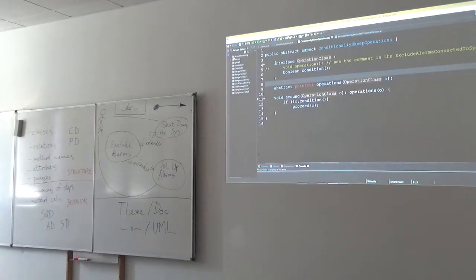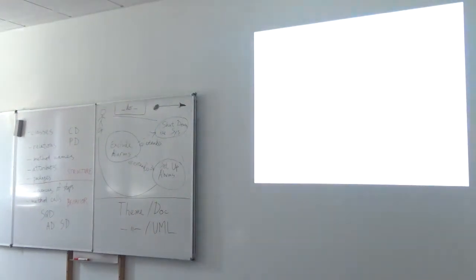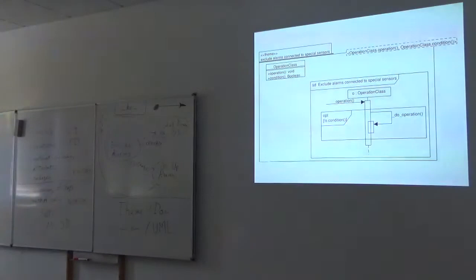So, in order not to block our classes, we will see that this is not just an interface floating in the air somewhere, but needs to be connected to real classes. For now, it's an interface, and there we can have this operation condition, which we need to consult on whether to proceed or not. If you compare this to the sequence diagram, it looks pretty much the same, or analogical.